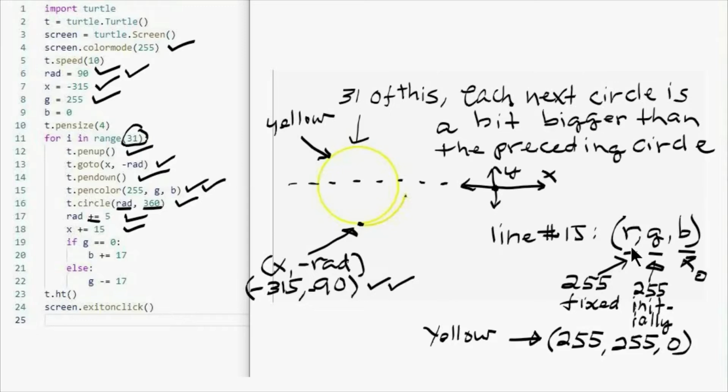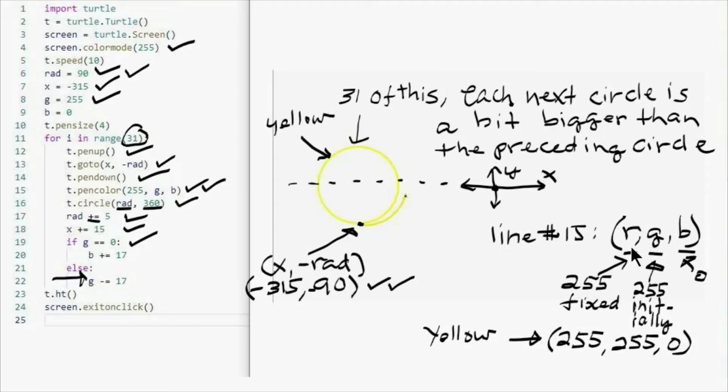And then before I go to the next circle, let us check the color of the next circle. Eventually, the G value will be 0. Why is that? Because look at this in the else here. We are subtracting a value of 17 from the G every time we draw the circles.